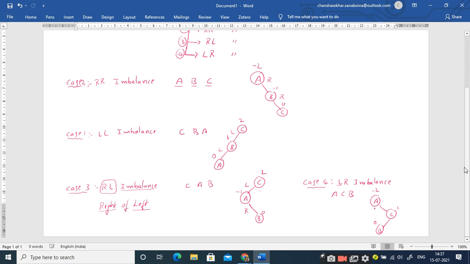Here you can observe that A is imbalanced, and this imbalance occurred because I have inserted a left child to the right. So this is right and this is left. So this occurs because of left of right. Is it clear up to this point? Yes, sir.